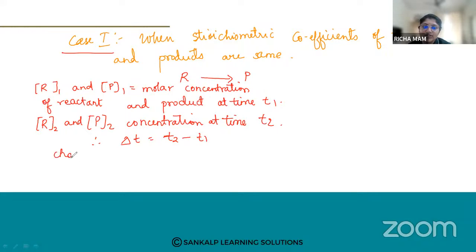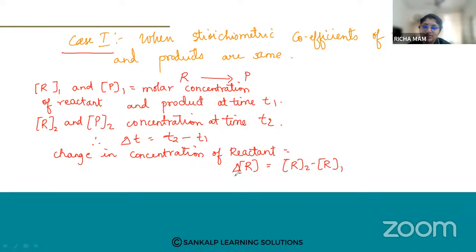What is the change in concentration? How do we calculate it? First we'll calculate the change in concentration of reactant, delta R, which is R2 minus R1.